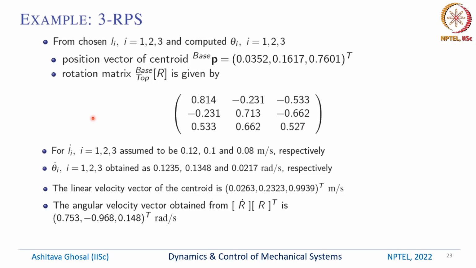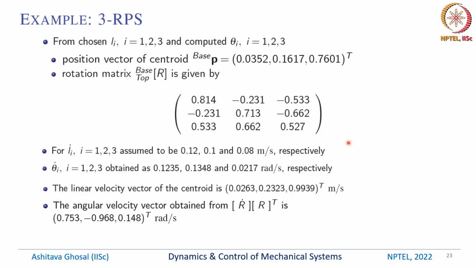Okay, we can also go on and find the velocity of the centroid. For that we need to take the derivative of the position vector, which is given by this. Of course, we have to take the derivative of the analytical form of the position vector, and when you take the derivative, you will get L1 dot, L2 dot, L3 dot, and theta 1 dot, theta 2 dot, theta 3 dot.